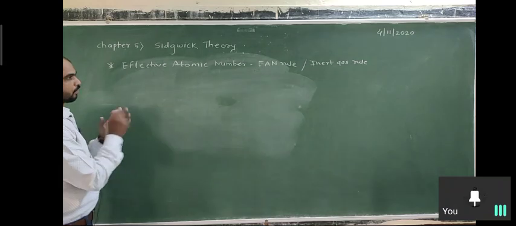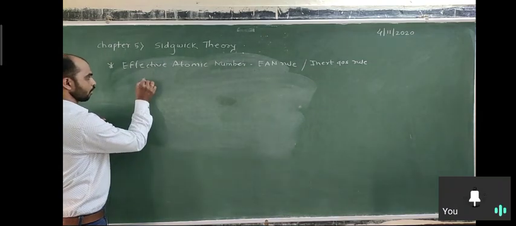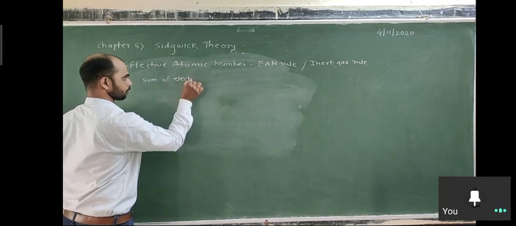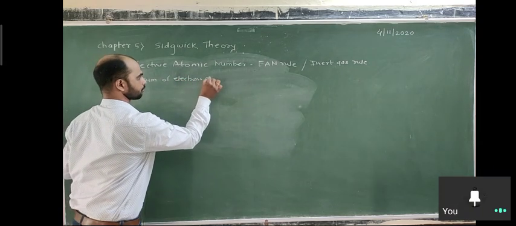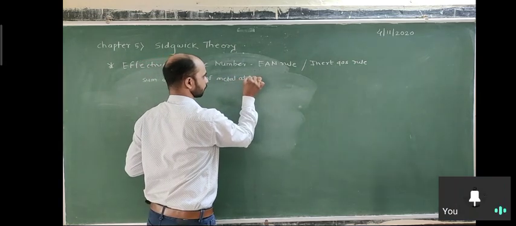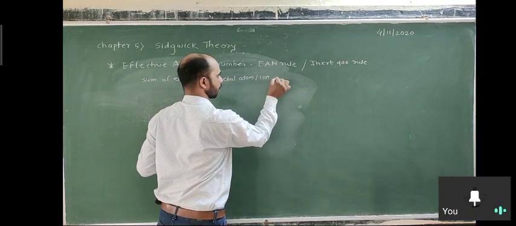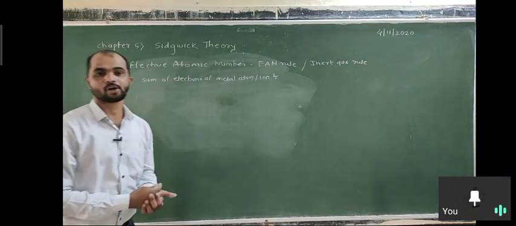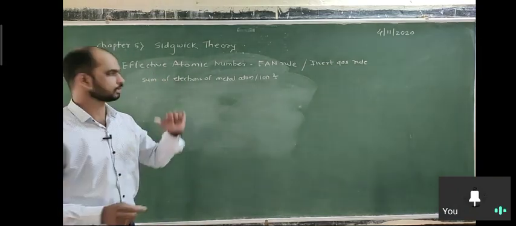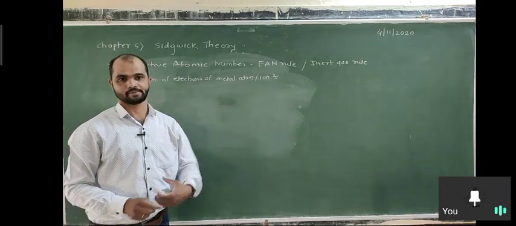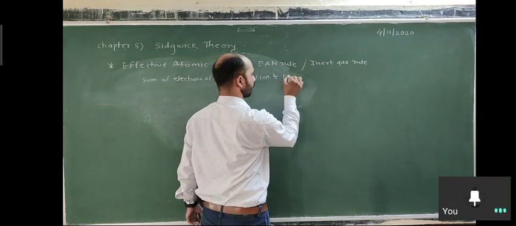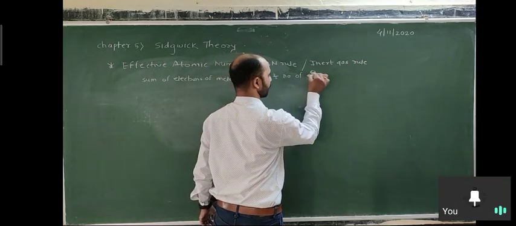Effective atomic number is the sum of the electrons of the metal atom or ion and the number of electrons gained from the ligands.